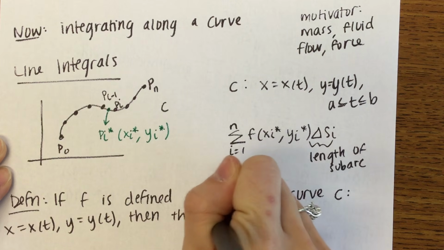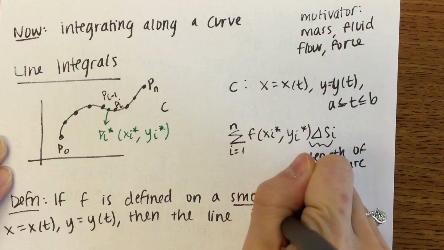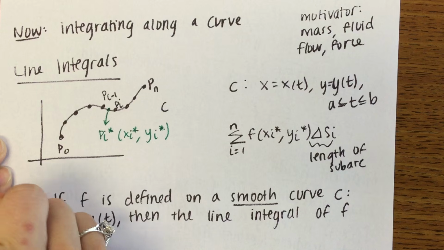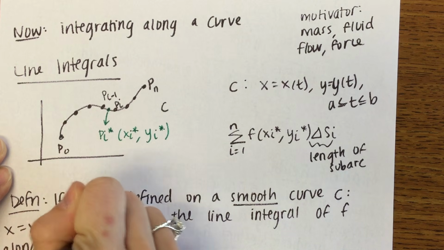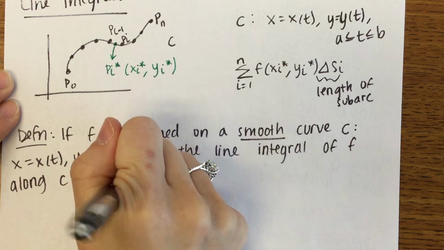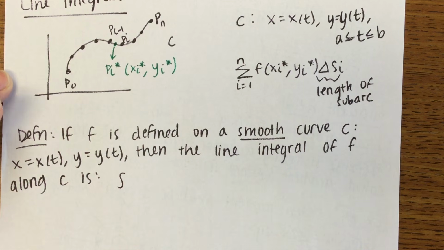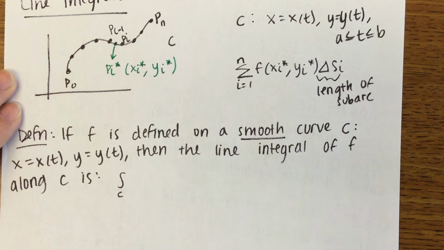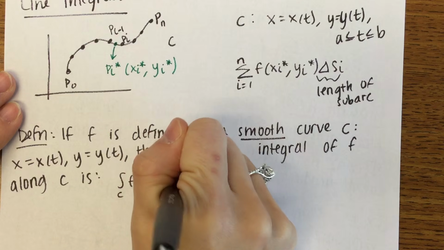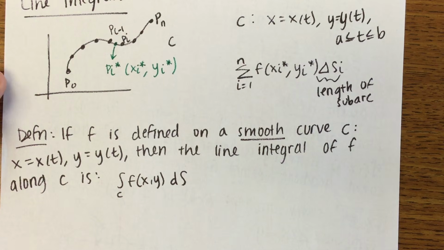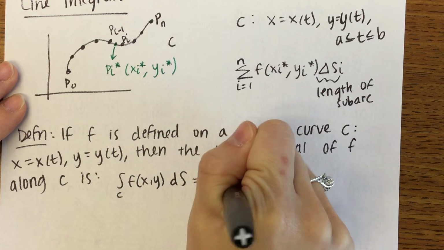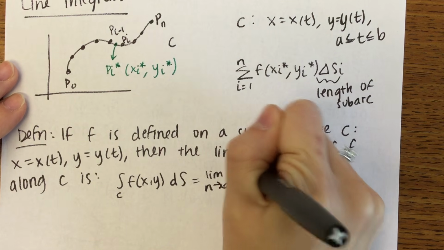Then the line integral of f along C is the following. Okay, so you're going to have a single integral with a C there. It'll be f of x y ds. And then this is the limit as n approaches infinity of that sum that we wrote above.